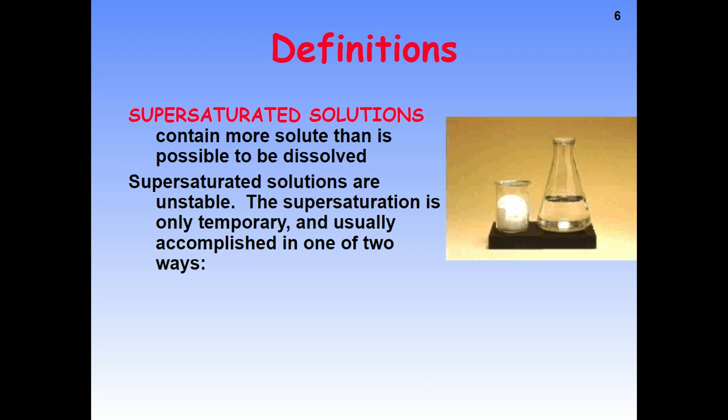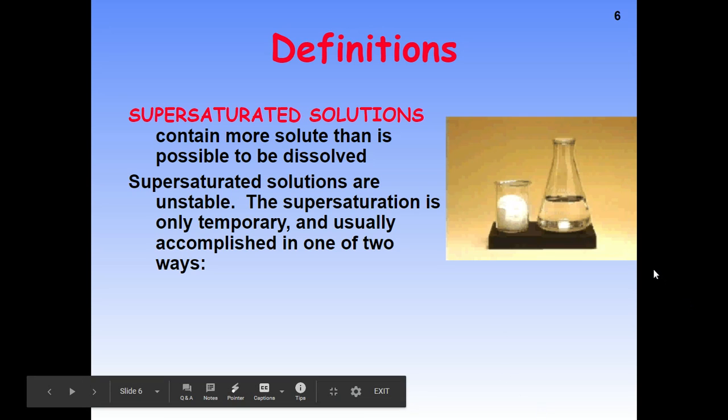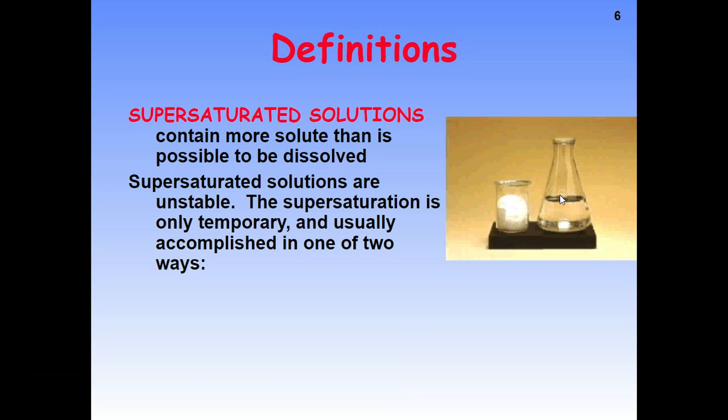Then we have what we call a supersaturated solution. Supersaturated solutions are unstable. What can happen in a supersaturated solution, which is really, really cool, is that it contains more dissolved solute than a saturated solution at the same temperature.